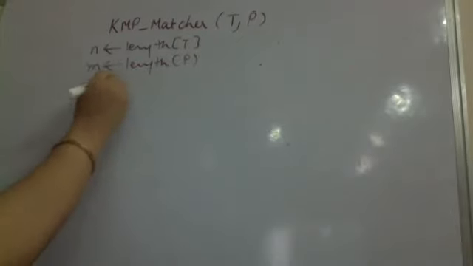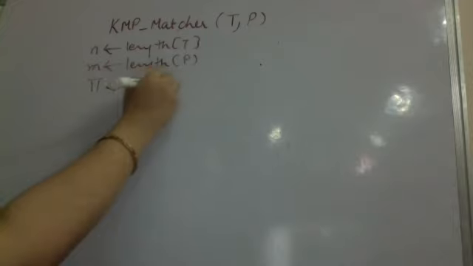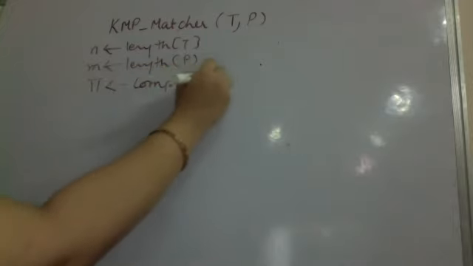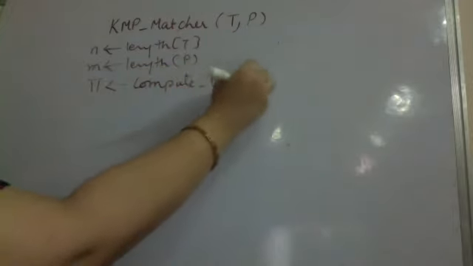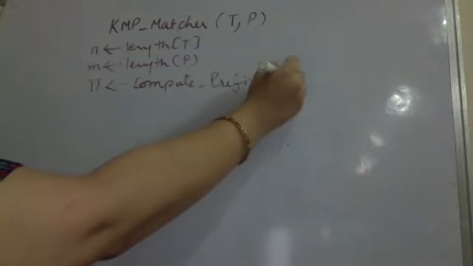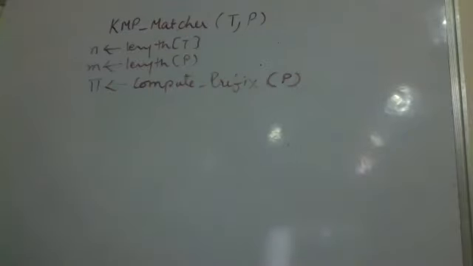I call whatever name you have given previously, compute prefix, I believe, for the pattern to create the pi table. After the pi table has been created, I take a temporary variable q and I initialize it to be 0. Then I am running a for loop.